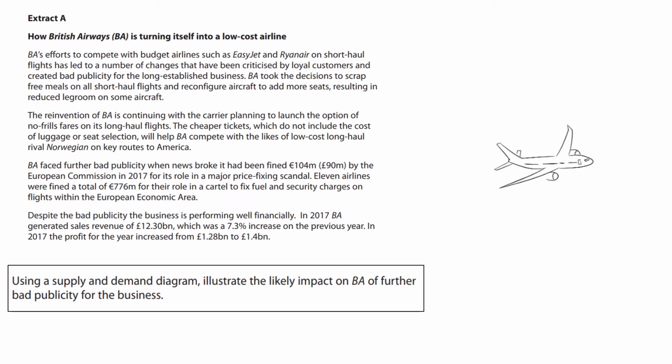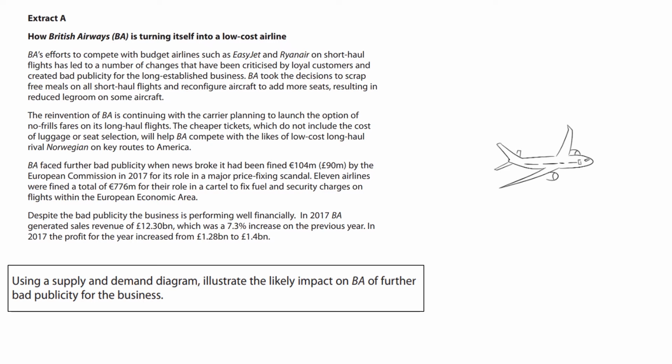The reinvention of BA is continuing, with the carrier planning to launch the option of no-frills fares on its long-haul flights. The cheaper tickets, which do not include the cost of luggage or seat selection, will help BA compete with the likes of low-cost long-haul rival Norwegian on key routes to America.